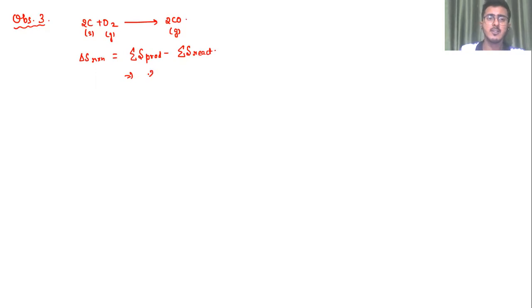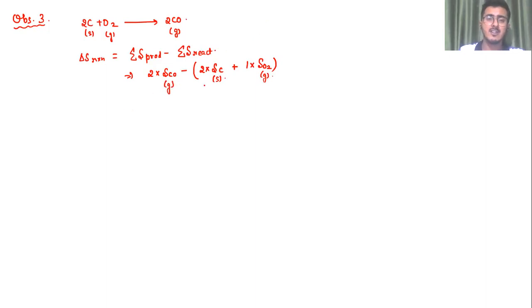So this is nothing but 2 into entropy of your carbon monoxide minus, okay, now in terms of your reactants, 2 into entropy of your carbon plus 1 into entropy of your oxygen. Okay, now this is your solid state, this is your gaseous phase, and this is again your gaseous phase, right?